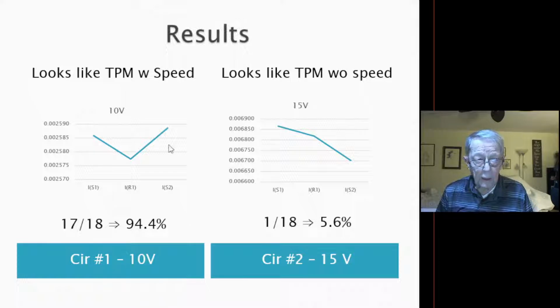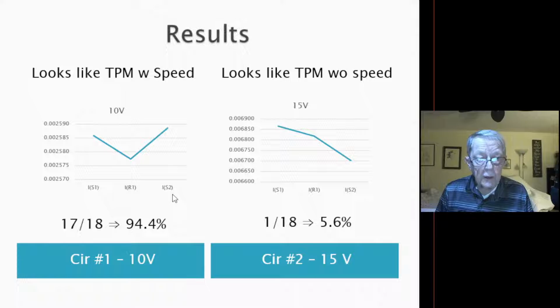To the extent that we're talking about a match with TPM equations with speed, this is an error. But you literally have to interpret this as one measurement where the circuit decided to behave this way, and all the rest of them that way.